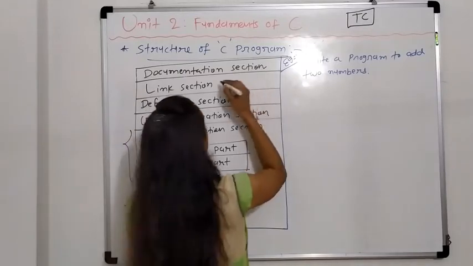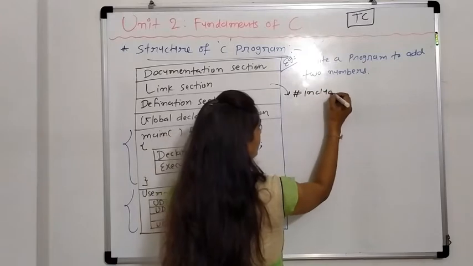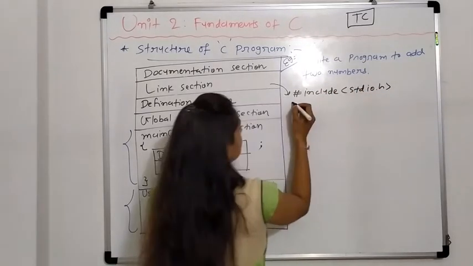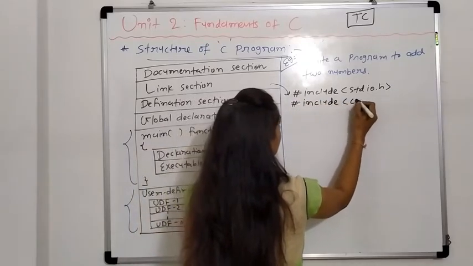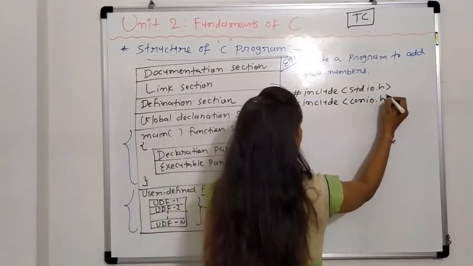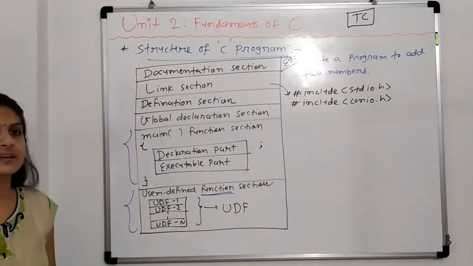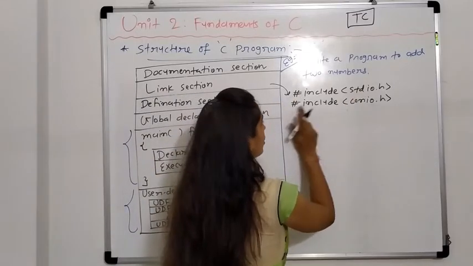So we start with this link section, that is #include stdio.h. The second header file is always needed, #include conio.h. The structure is fixed. You have to recall that structure. Always start with the hash sign, include stdio.h.